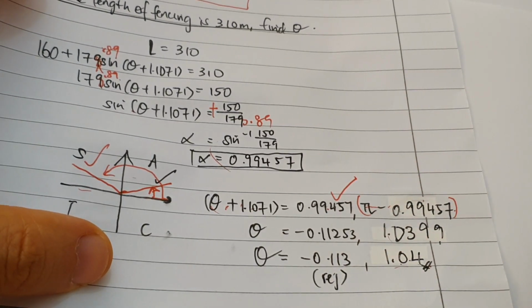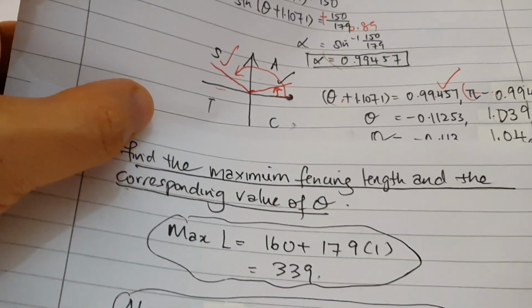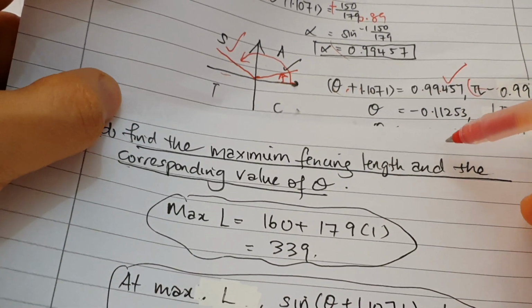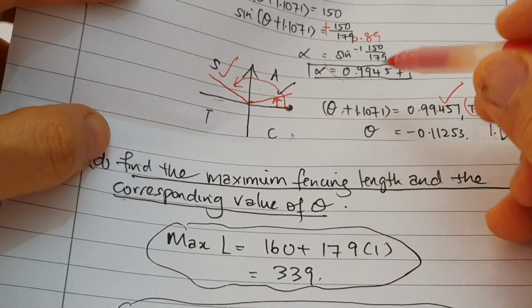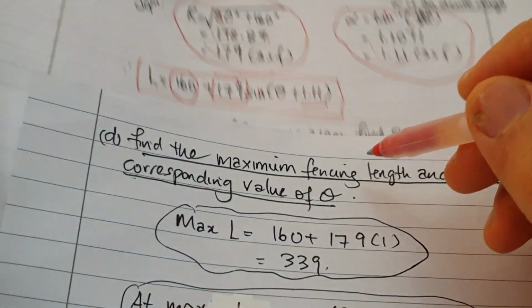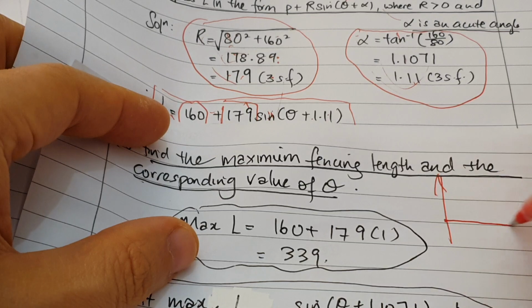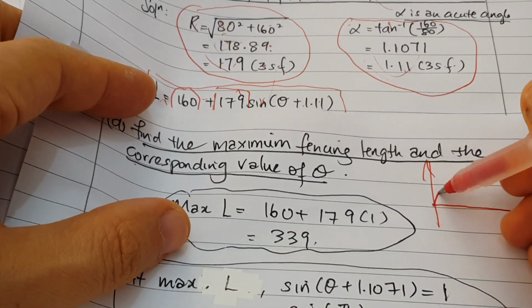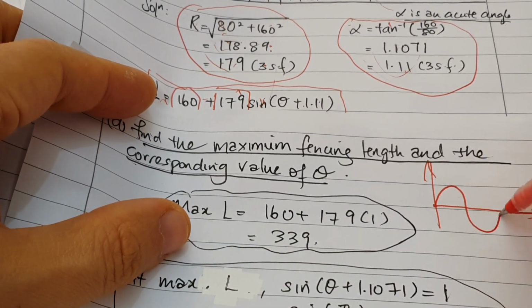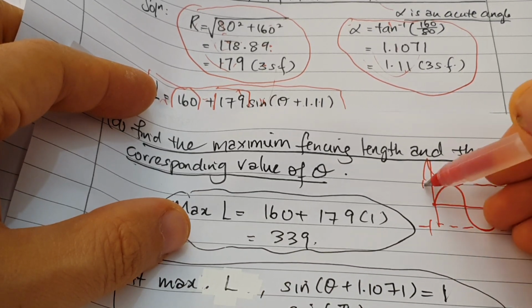Okay, now the next part is ask you to find the maximum fencing and the corresponding value of theta. Now, you remember for sine graph, the maximum for sine and cosine, right, is 1. Minimum is minus 1, right?